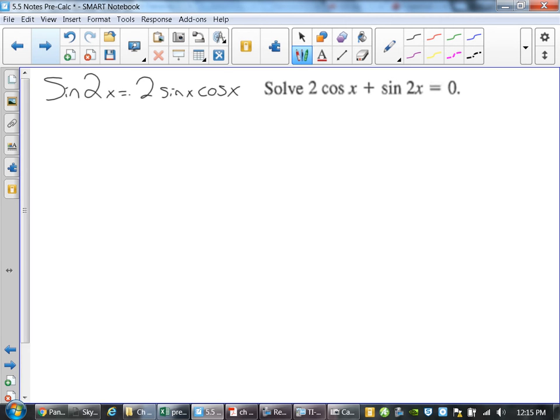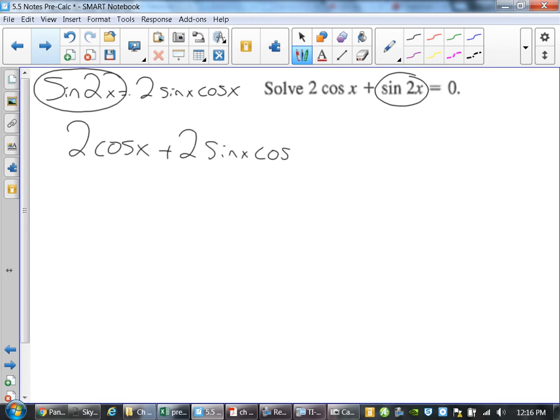So I'm just going to rewrite that second part of the equation as that. The double angle here, I'm just going to use substitution. And I get 2 cosine x plus 2 sine x cosine x equals 0. Now you're at a relatively straightforward problem to solve.